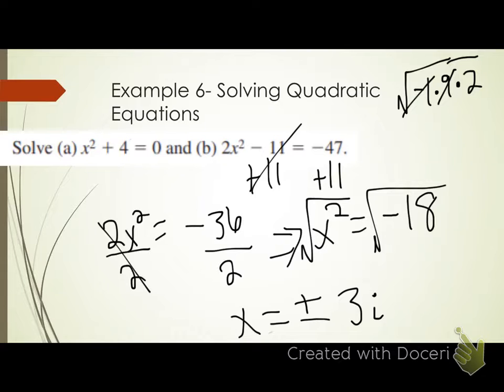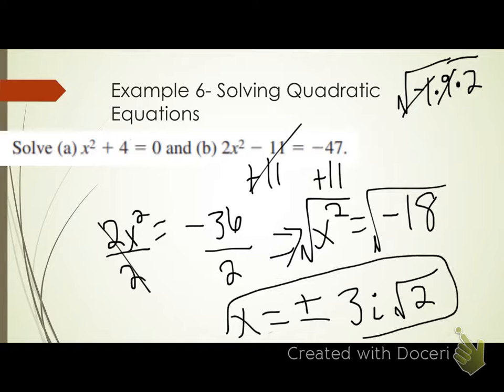I cannot take the square root of 2, so it must stay under the radical. So my answer to this quadratic equation is positive 3i square root of 2 and negative 3i square root of 2. So I hope that makes sense that I need to account for my positive value and my negative value.